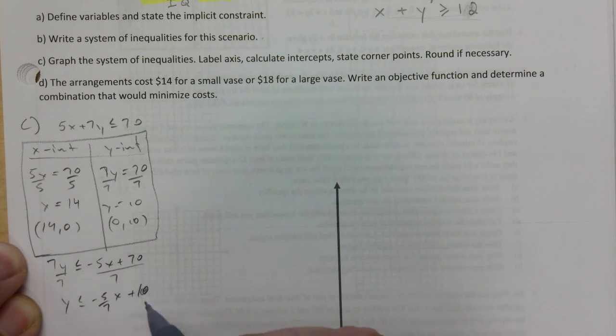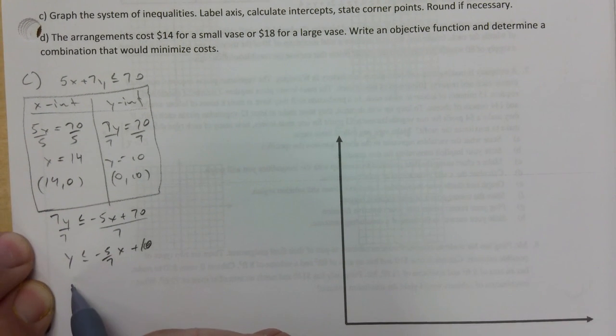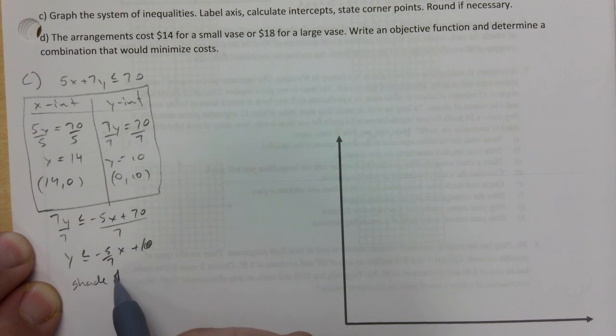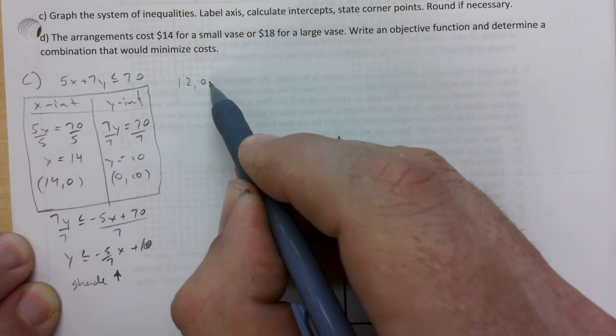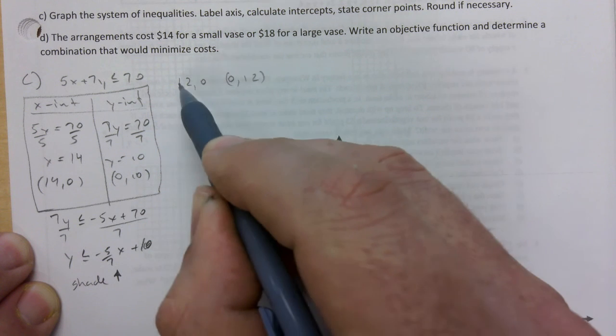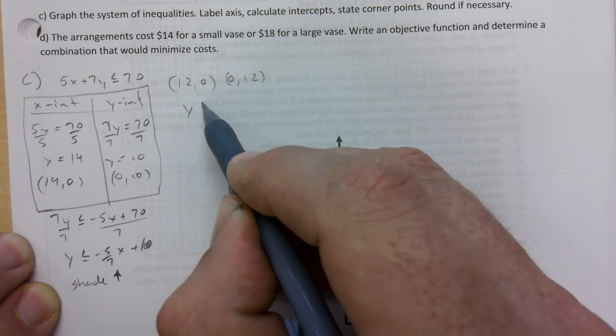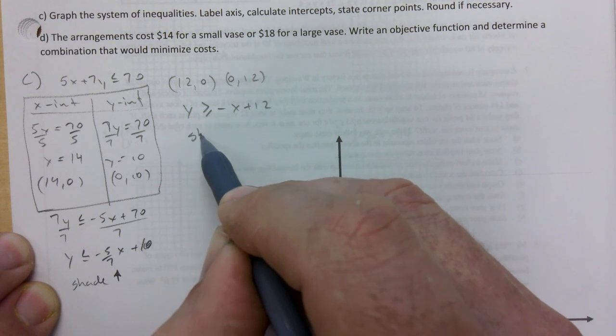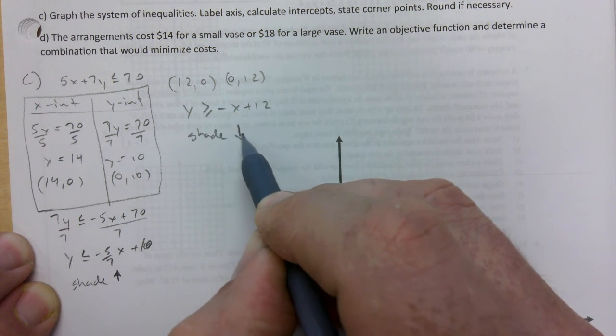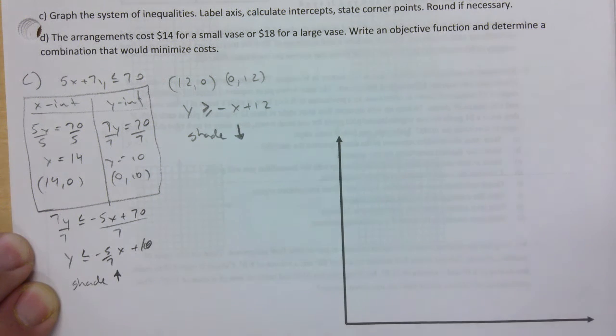That goes into your calculator later, and below is true, so we shade below. Let's do the other one. That one is just 12, 0 and 0, 12, and it's y is greater than or equal to negative x plus 12. So we're going to shade above because above is true.